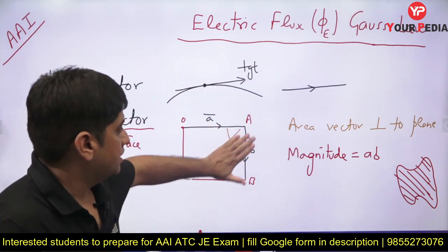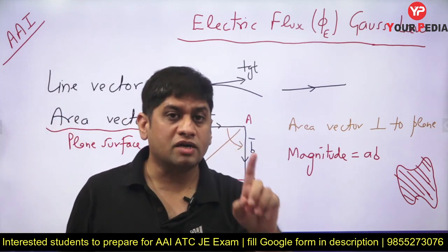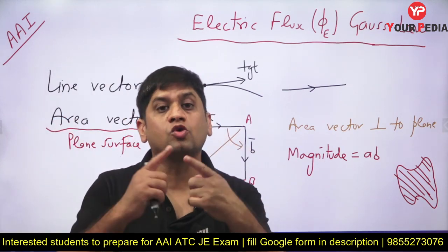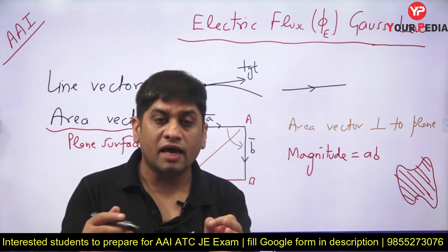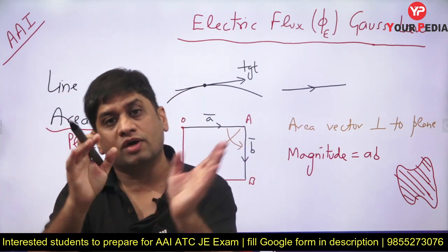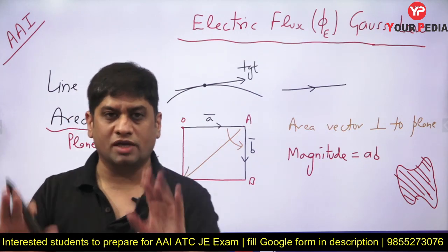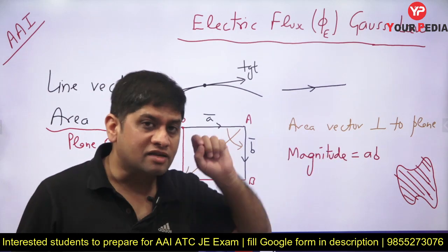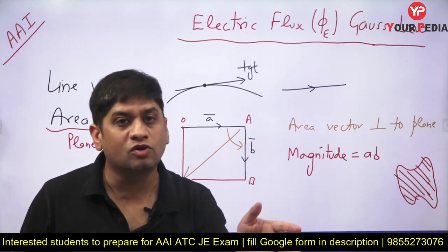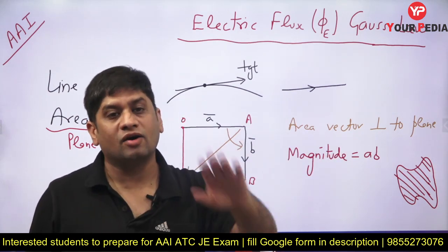Why? Because the vector product is perpendicular to the two vectors. This is one vector, this is another vector. Now A cross B is perpendicular to the A and B vectors. You know that. So that means the area is a vector and its direction is perpendicular to the plane of that area.